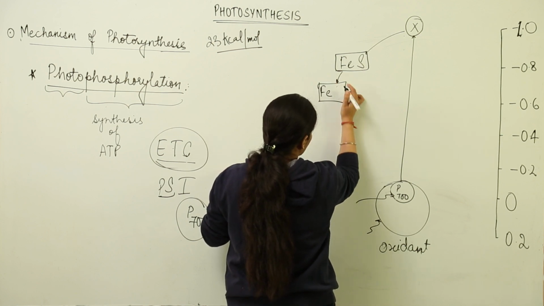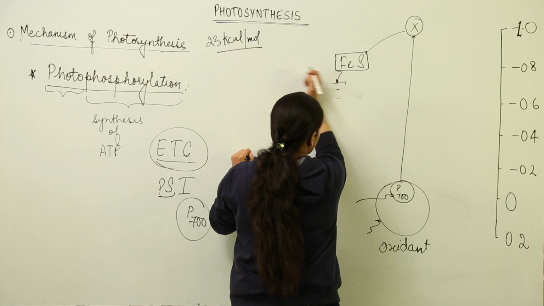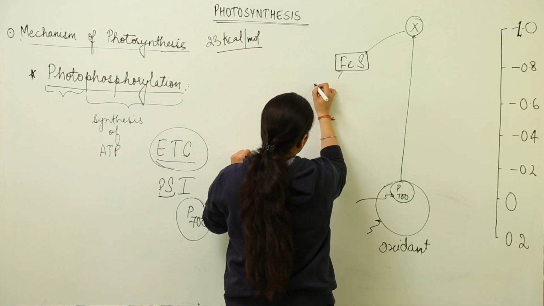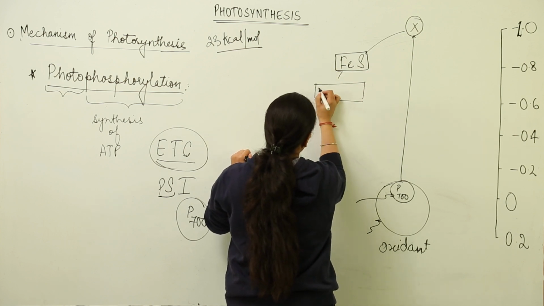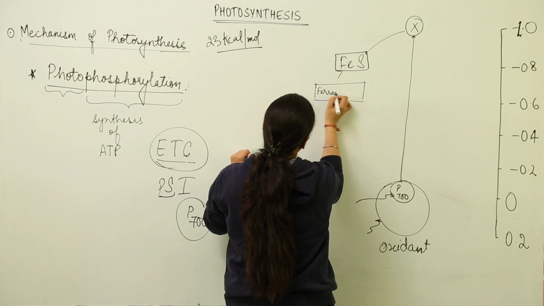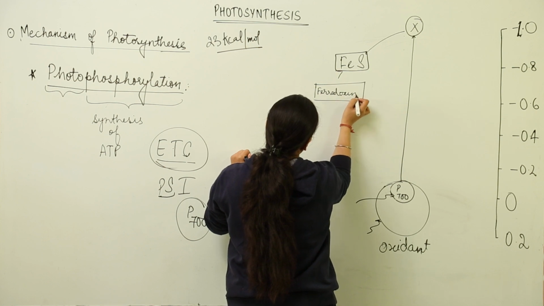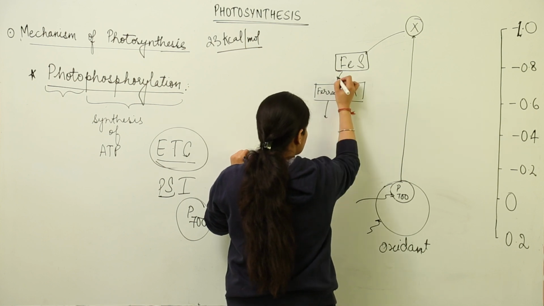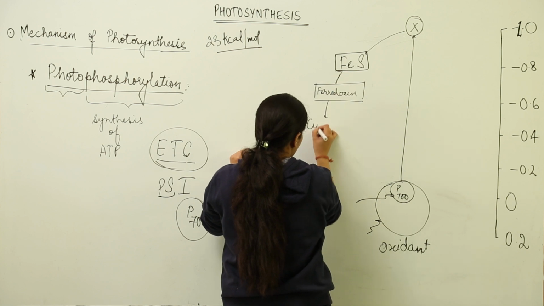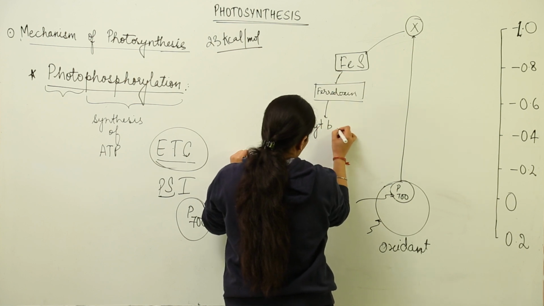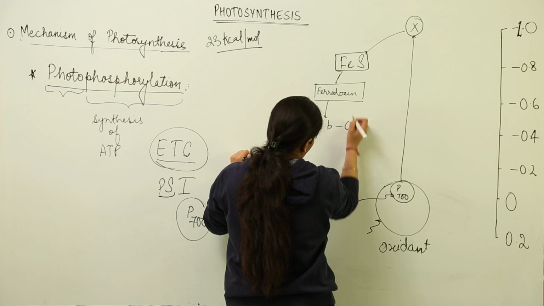This is Ferredoxin, I would write Ferredoxin completely over here. This Ferredoxin passes on the electron to the cytochrome B, cytochrome F complex.